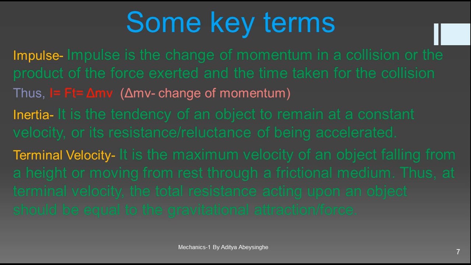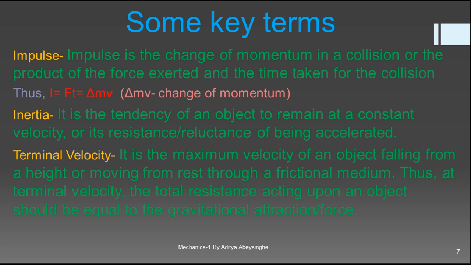And the second key term I had to explain to you is inertia. So what is inertia? I actually explained inertia in the concept of Newton's first law as well. Inertia is the tendency of an object to remain at a constant velocity, or its resistance to being accelerated.